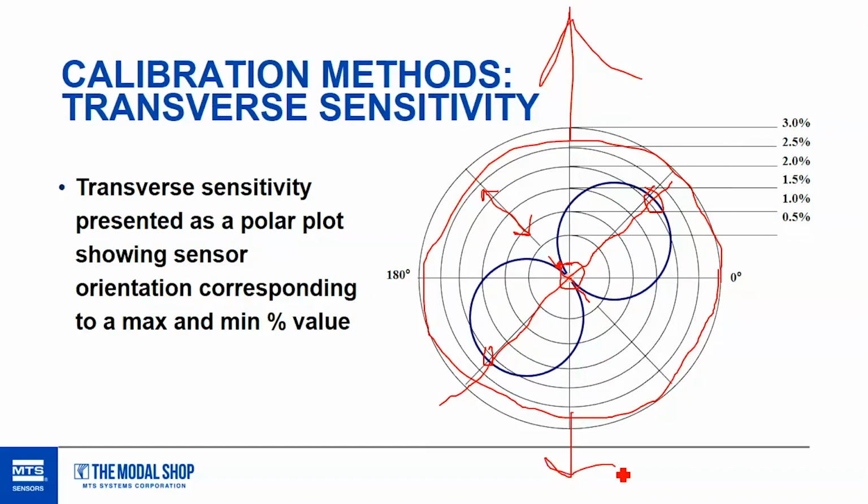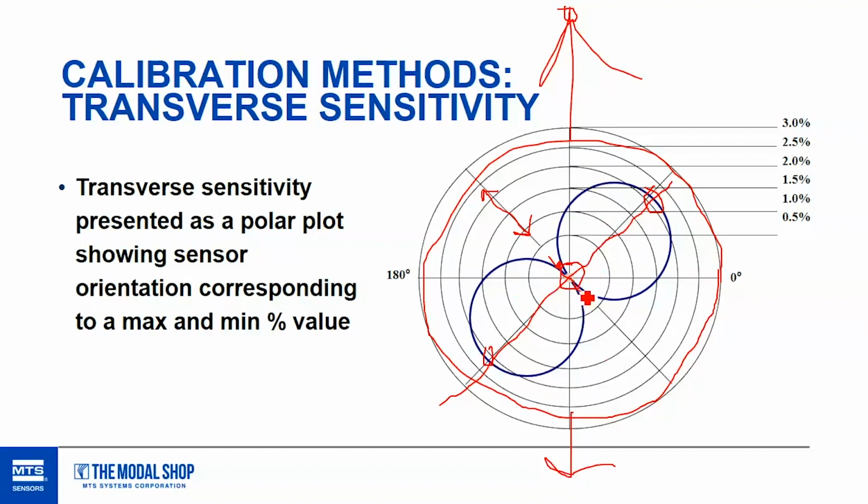So it's going to be kind of vibrating in and out of the page, but because it's rocking, you have a large motion here, even greater than the z-axis. And so when we rotate that teardrop, we're rotating the blue graph as well, because that transverse sensitivity on that specific test accelerometer is fixed.